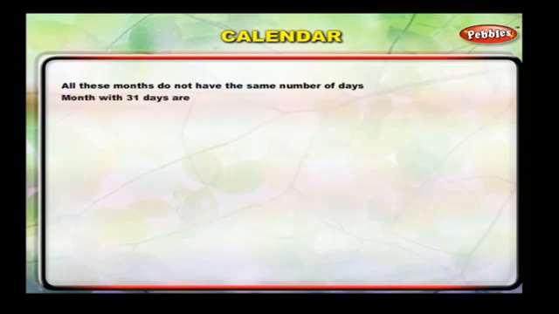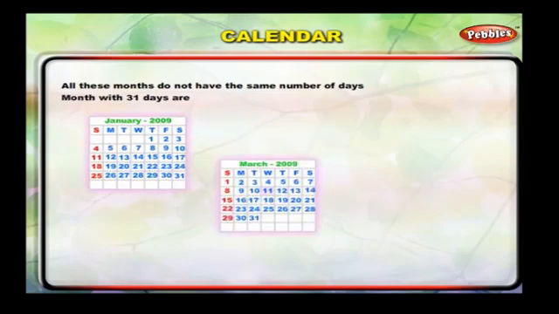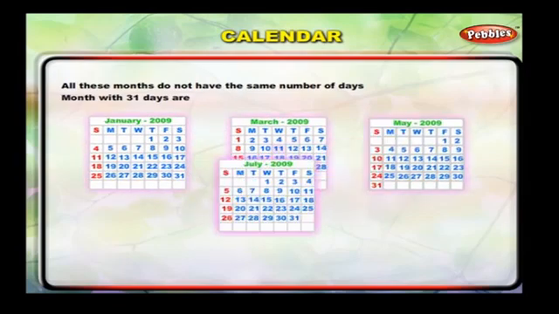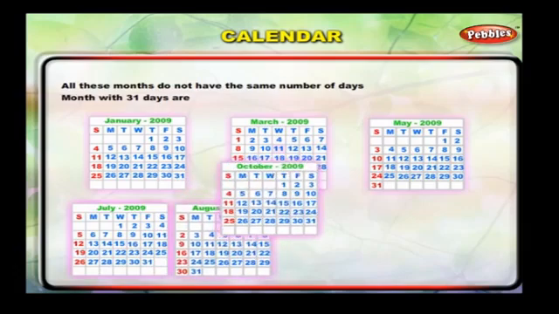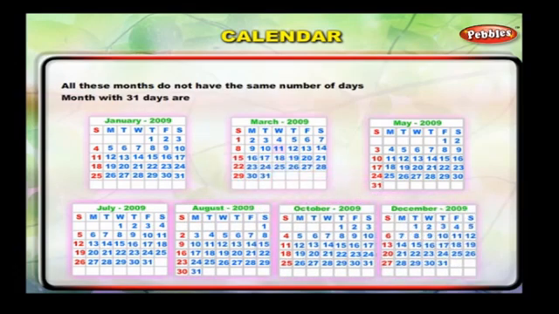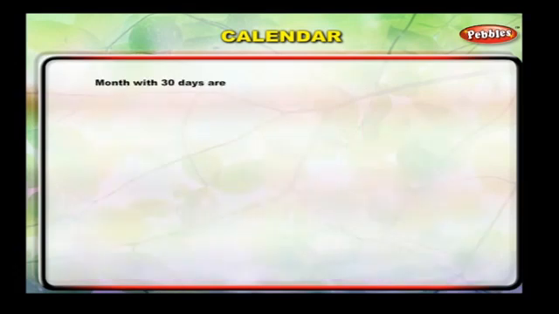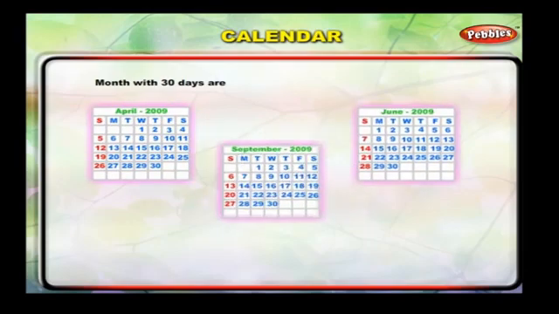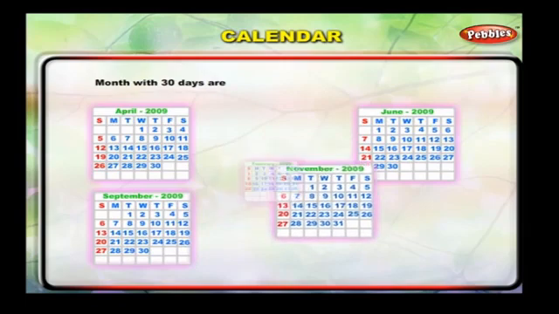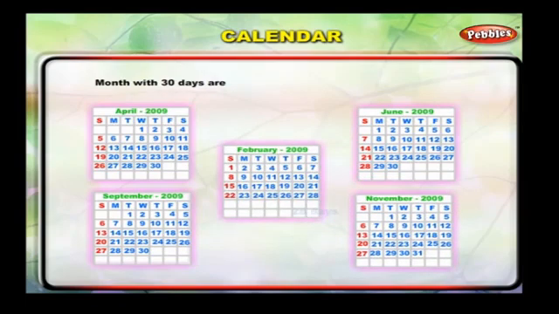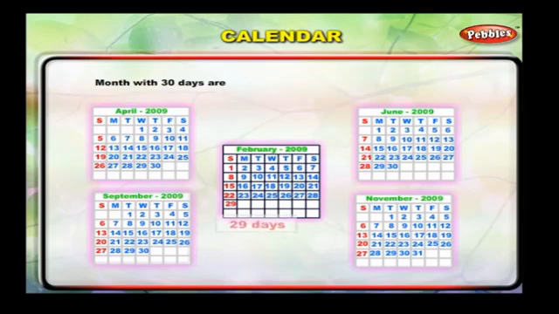Months with 31 days are January, March, May, July, August, October, and December. Months with 30 days are April, June, September, and November. February is the month with only 28 days, and once in 4 years, there are 29 days in that month.